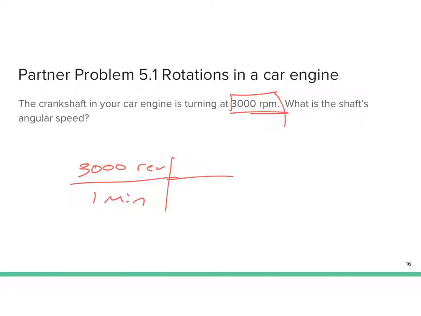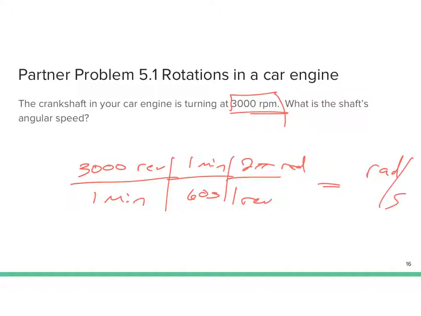So one of the first steps we're going to do with a lot of these problems is convert not only 1 minute into 60 seconds, but also 1 rev is 2 pi rad. And we'll use this conversion factor to get our answer in radians per second, and we'll take a look at that more in depth in class.